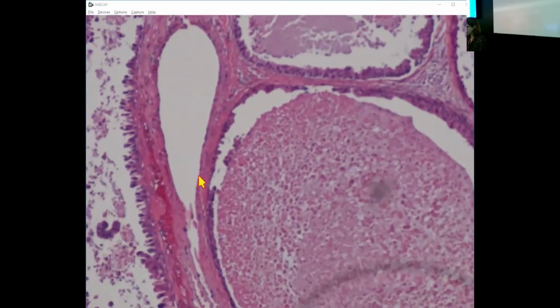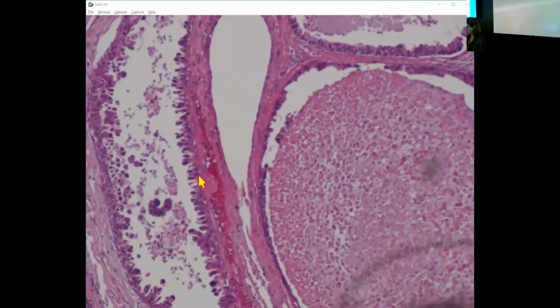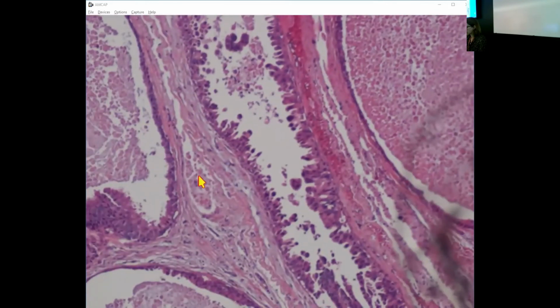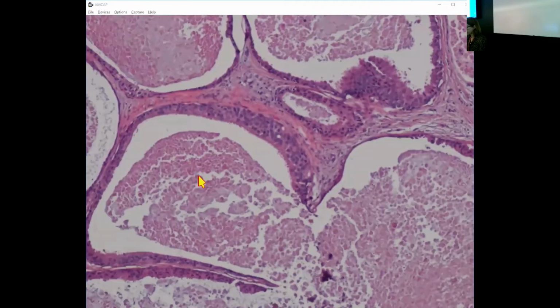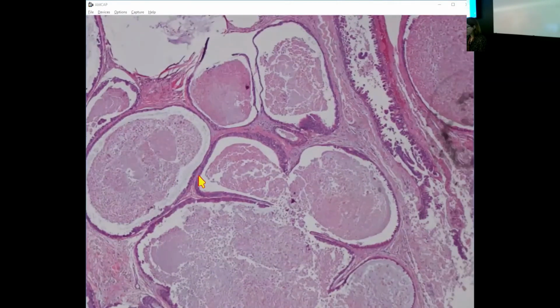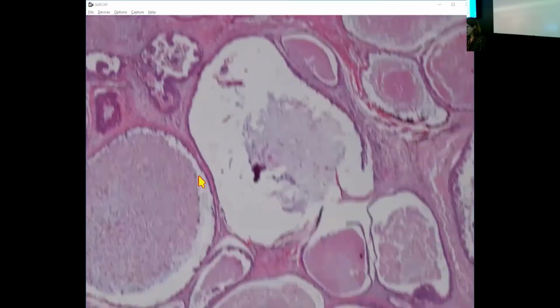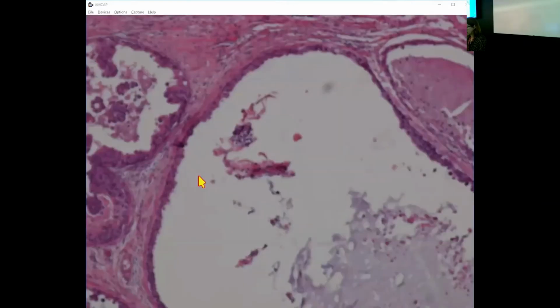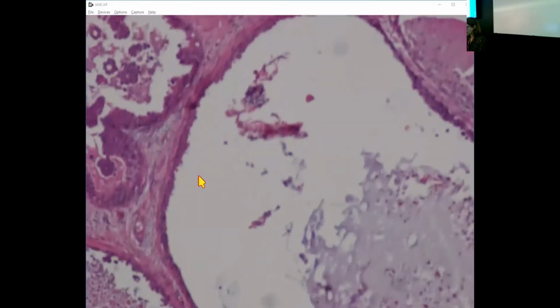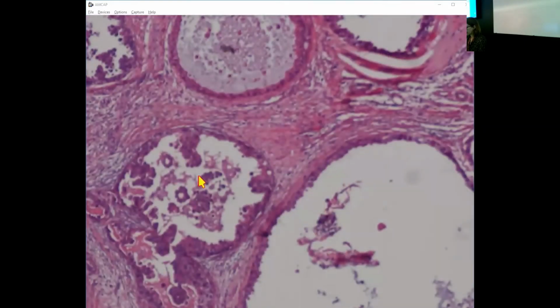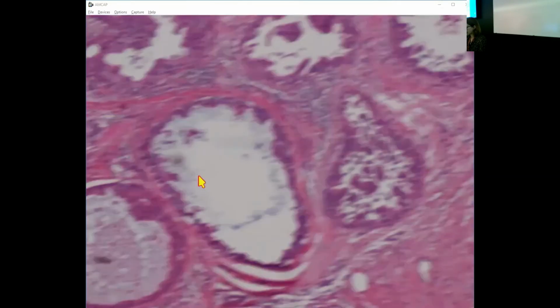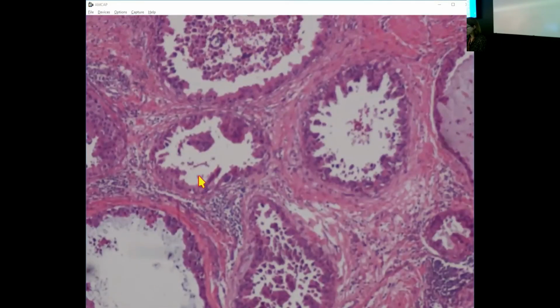In areas, there were some almost micropapillary formations. Here you can see it's getting to be other types of DCIS, so micropapillary pattern DCIS as well.